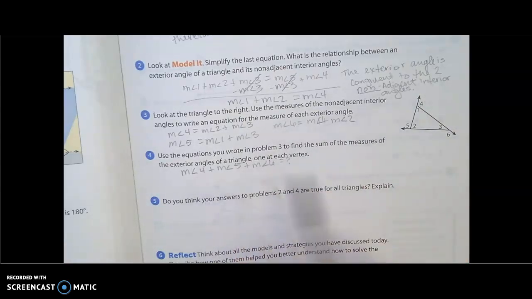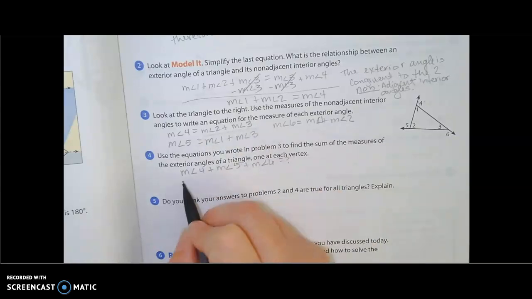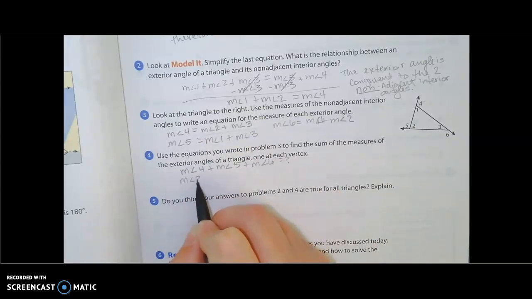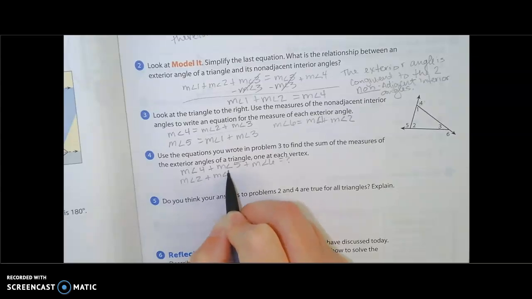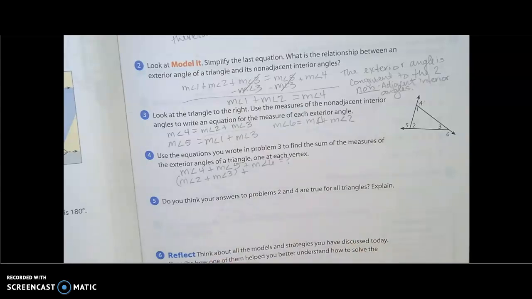Well, I know about interior angles, so let's start using what we know about our interior angles. I know that the measure of angle 4 is the measure of angle 2 plus measure of angle 3. Right now, that's my angle 4. And then I'm going to add my measure of angle 5.